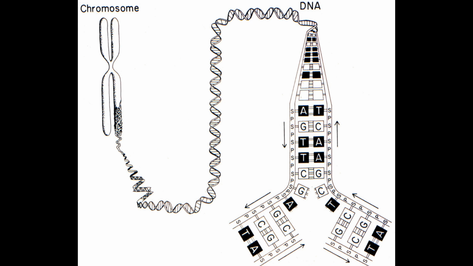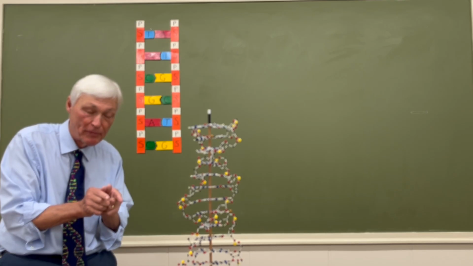Now, what are genes and where are they? Look at this little segment here of DNA. That might be a gene. So for our purposes, we're going to say that a gene is a small length of DNA that contains instructions in it or a recipe for how to make a particular protein molecule.